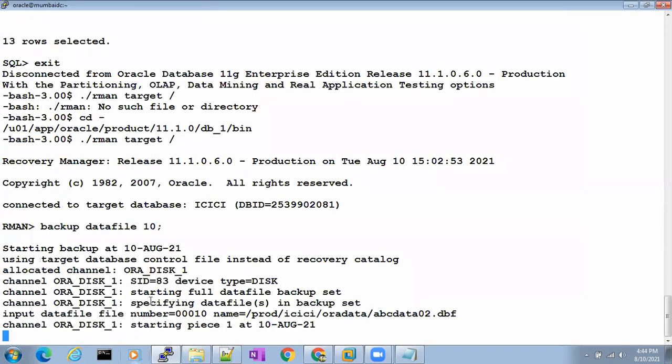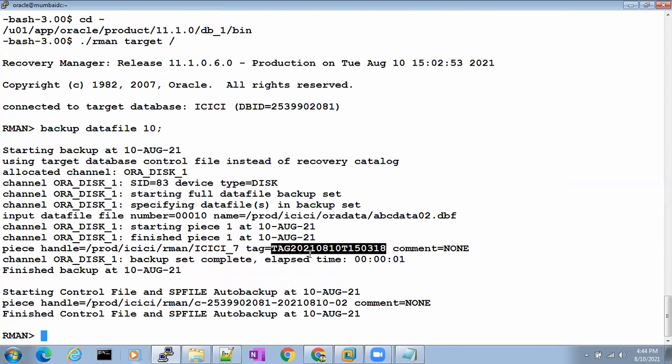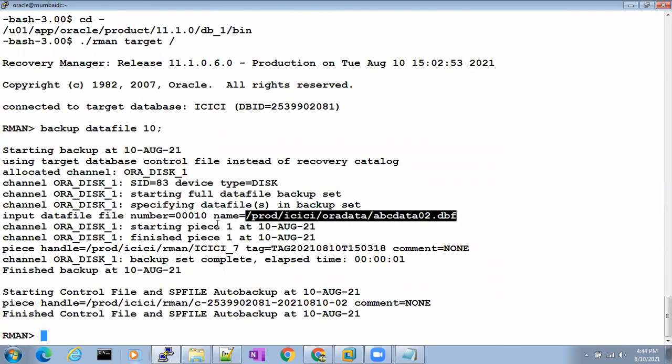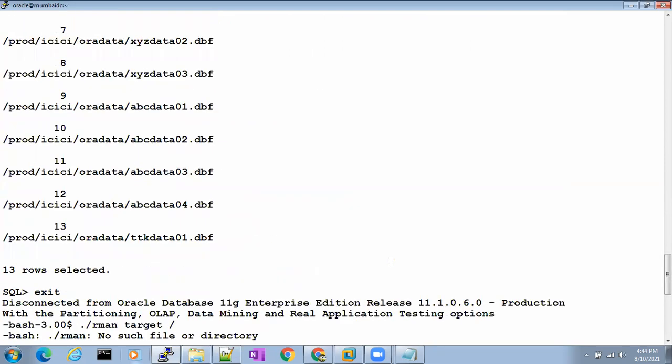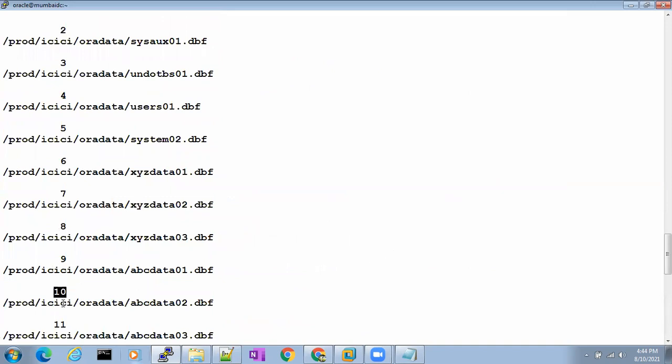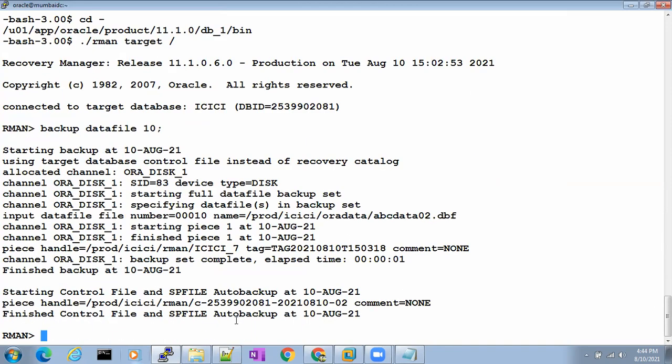It started taking the data file. See, which data file has it taken the backup of? 10. What is the name? ABC data 02.dbf. Obviously 10 is ABC data 02.dbf. Simple.